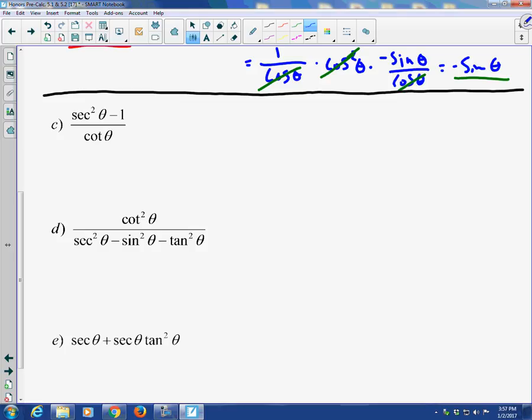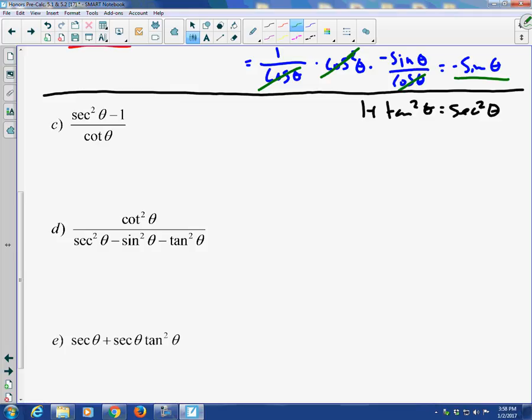Now, right here, that secant squared is a good sign because we know our trig functions need to be squared to use the Pythagorean identities. Right here, the Pythagorean identity involving secant is 1 plus tan squared theta equals secant squared theta. So I'm immediately going to the Pythagorean identity that involves secant.